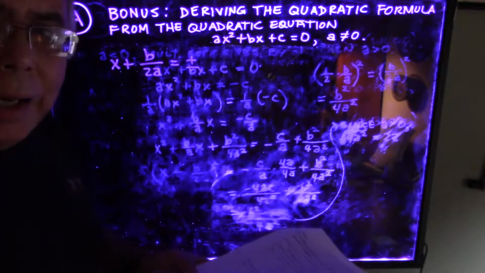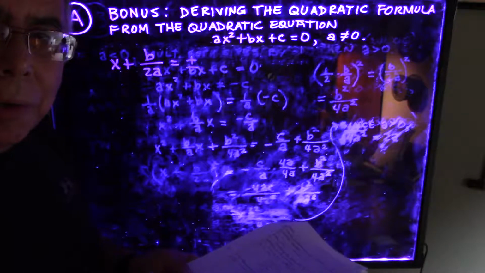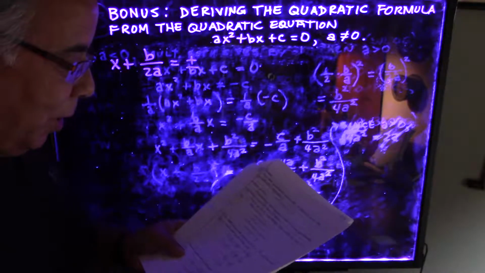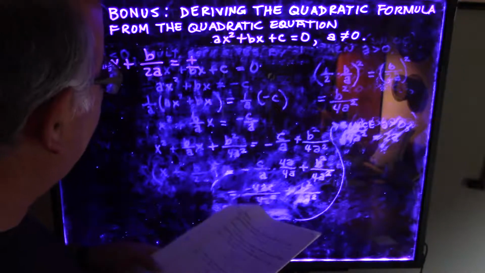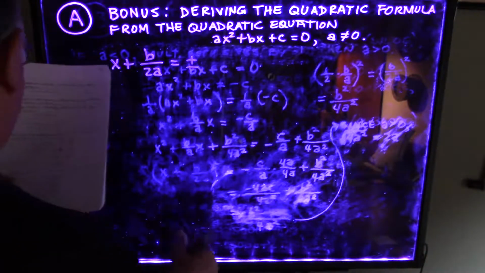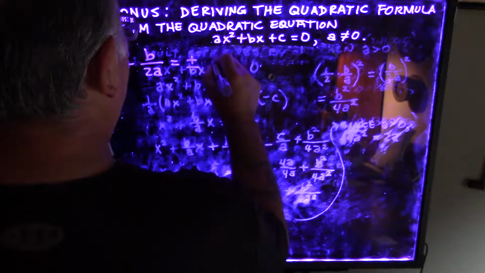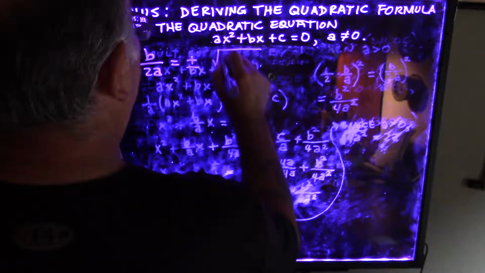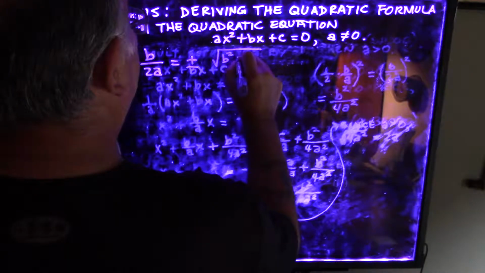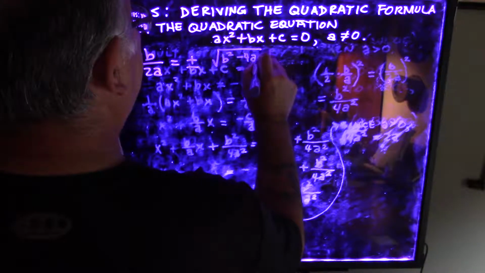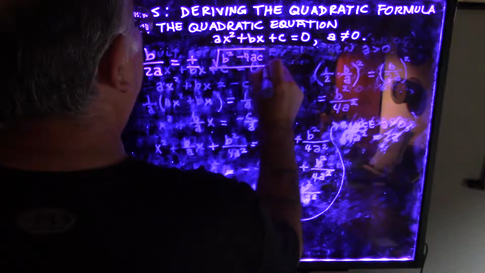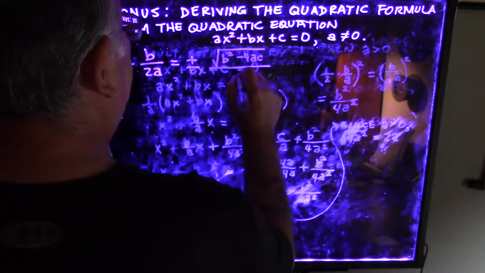Take the square root of 9, you get plus 3 and also negative 3, because negative 3 times negative 3 equals 9. That's where the plus minus comes from. And then you've got the square root of b squared minus 4ac all over 2a.